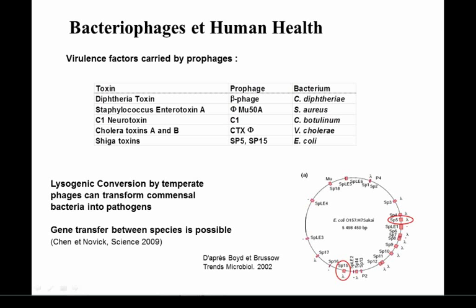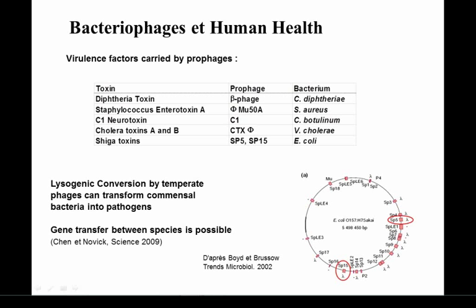So just a harmless commensal Escherichia coli could be infected by a bacteriophage that carries genes for virulence factors. And if they accumulate them, and if they accumulate virulence plasmids, then they can become more and more pathogenic.